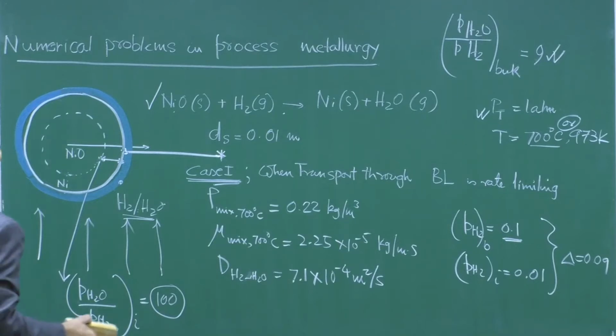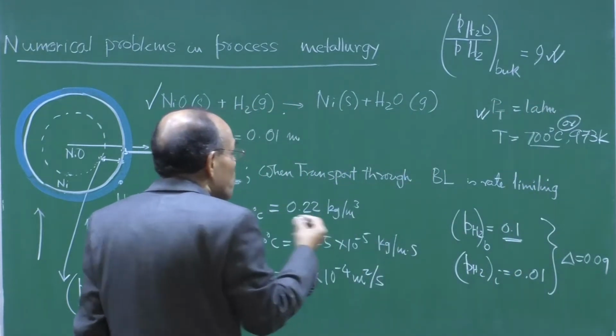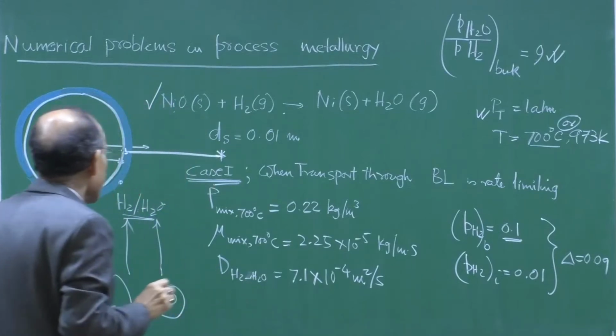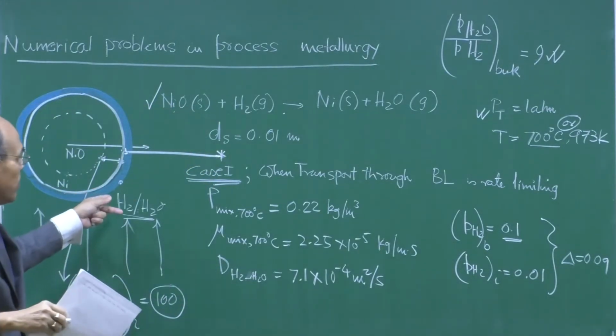So, let us pose the problem. These values are not going to be important for us. One issue needs a little consideration here. I want to revise that this is the transport across the boundary layer.